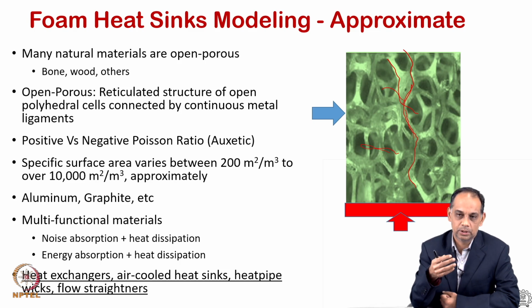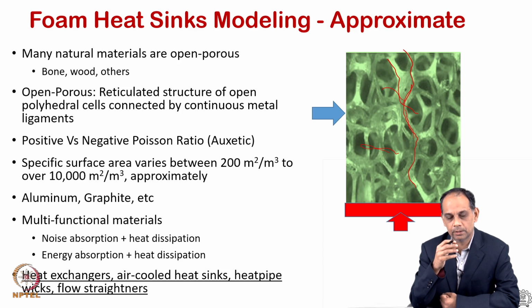Similarly, one can use these foam heat sinks for heat dissipation as well as energy absorption, like impact absorbers or shock absorbers in a car or any mobile EVs, or anywhere where there is an absorption as well as heat dissipation issue. So they are treated as very viable multifunctional materials, these foam heat sinks.